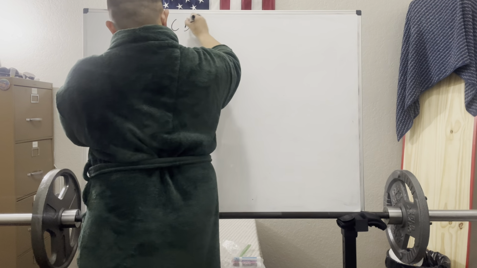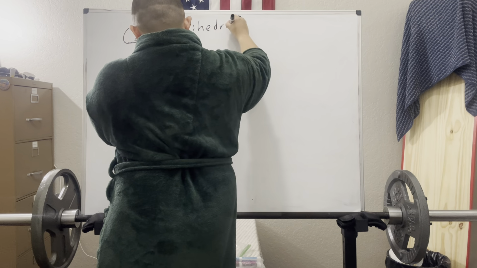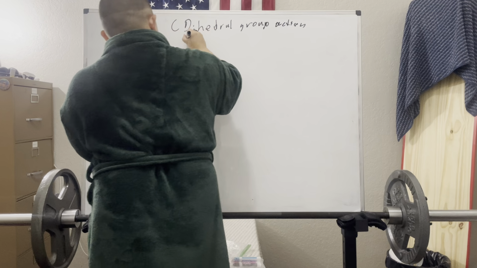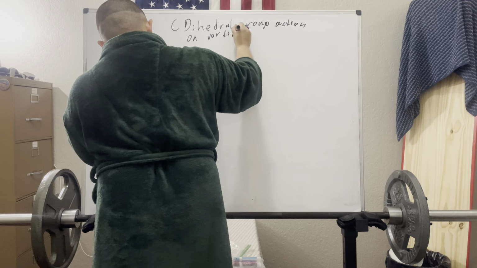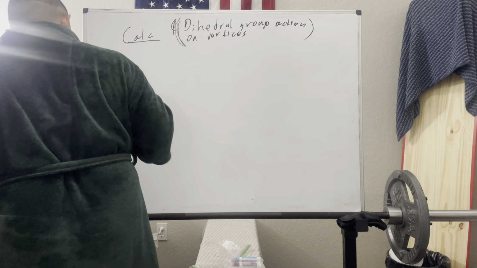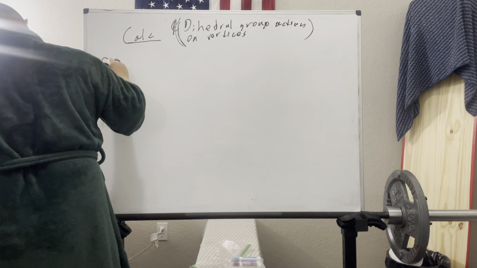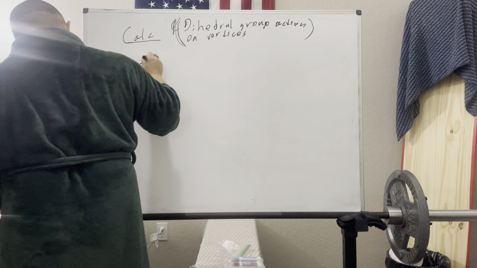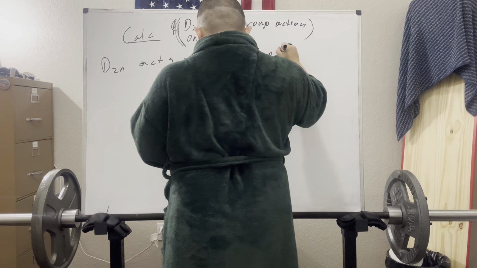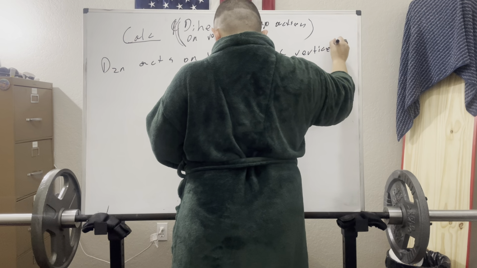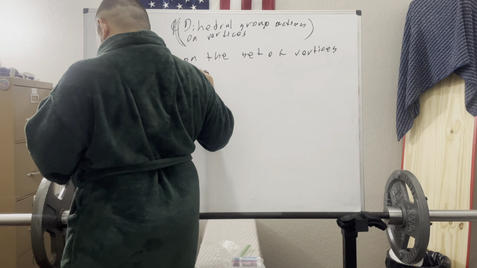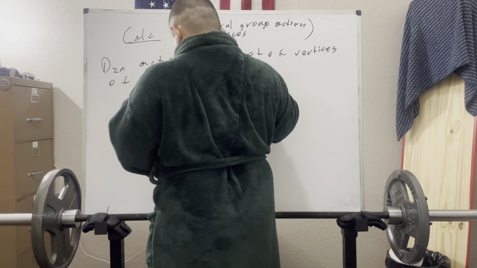So let's look at the dihedral group action on vertices. The dihedral group D sub 2n acts on the set of vertices of a regular n-gon by permutation.